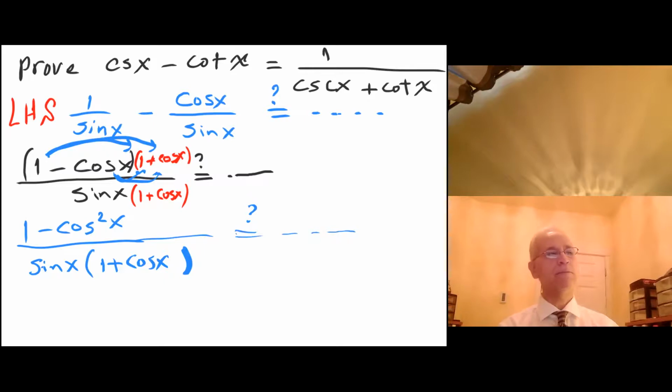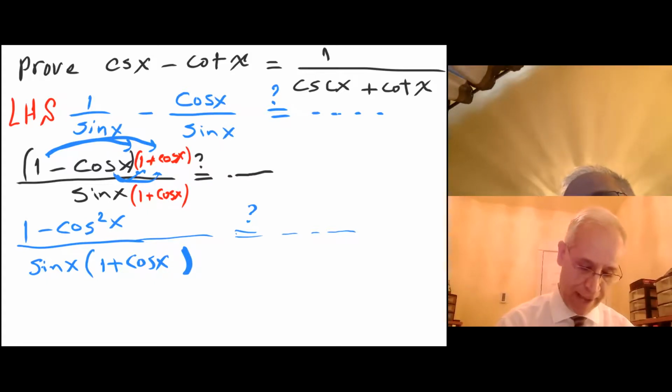Well, it doesn't really look like anything, nothing jumping out at me, except that I know 1 minus cosine squared of x is the same as sine squared of x. So let's try that.